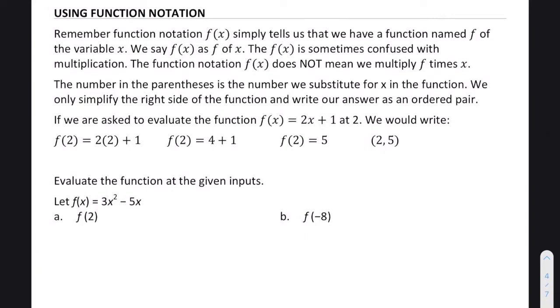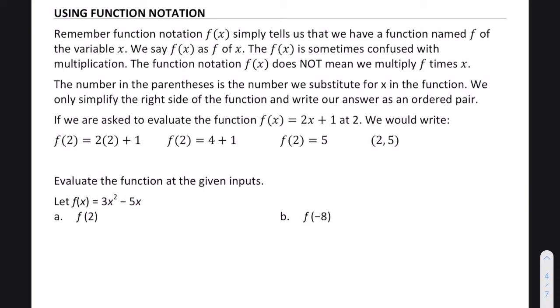So if we want to evaluate the function f of x equals 2x plus 1 at 2, we would write f of 2 equals 2 times 2 plus 1, then f of 2 equals 4 plus 1, and then f of 2 equals 5. And then we would always write our answer as an ordered pair, because with a function, we're putting something in and getting something out, so we want to identify the two things that we're putting in and getting out. So in this case, it's the point 2 comma 5.